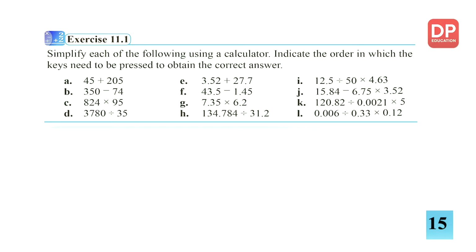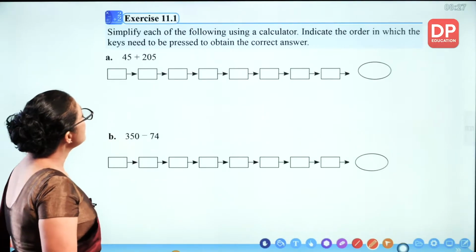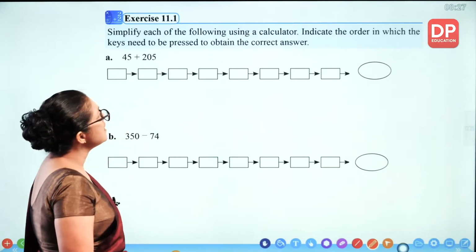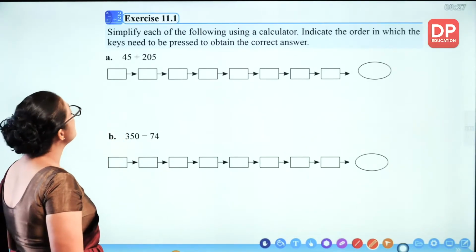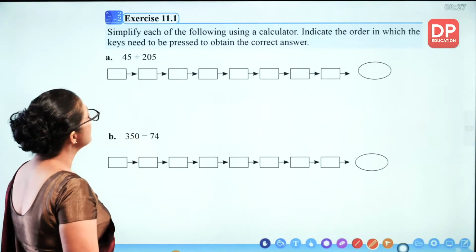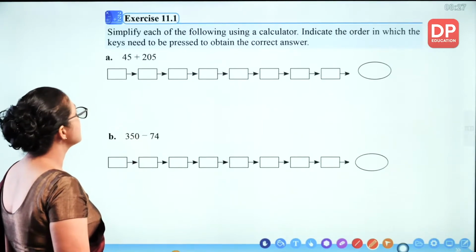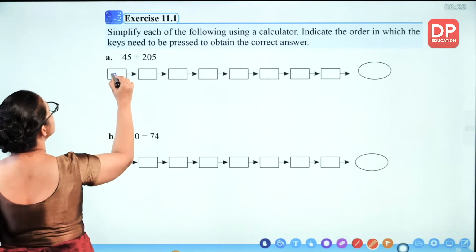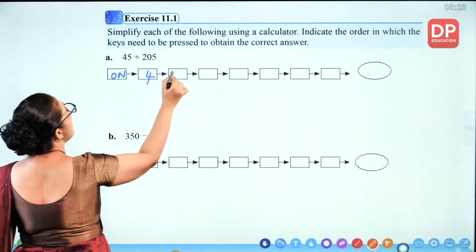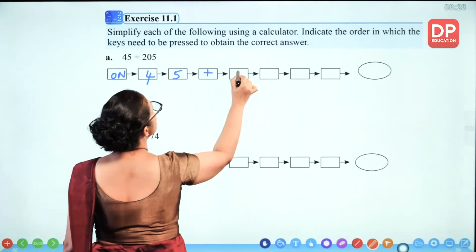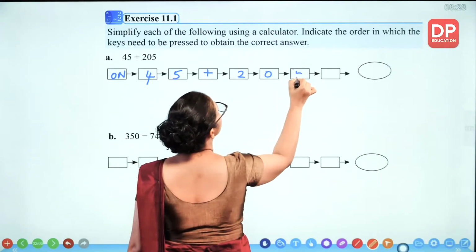Exercise 11.1. Simplify each of the following using a calculator. Indicate the order in which the keys need to be pressed to obtain the correct answer. So switch on the calculator. 45 plus 205.